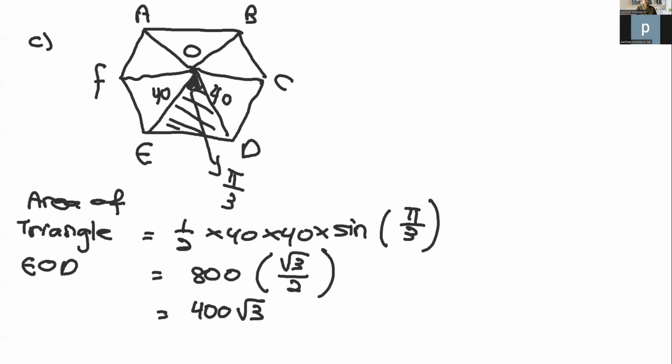Now this is only the area of one triangle, but remember, as I've drawn, I've shown you that in this whole hexagon shape, you basically get 6 triangles.